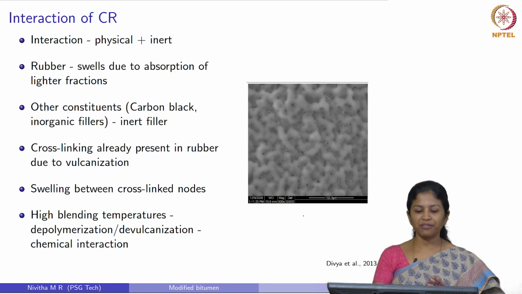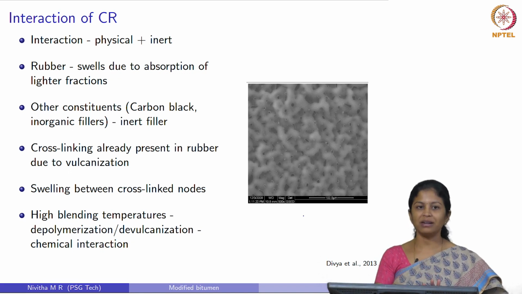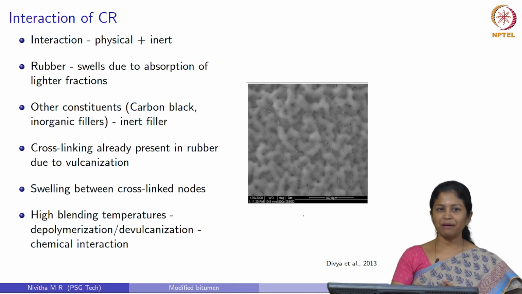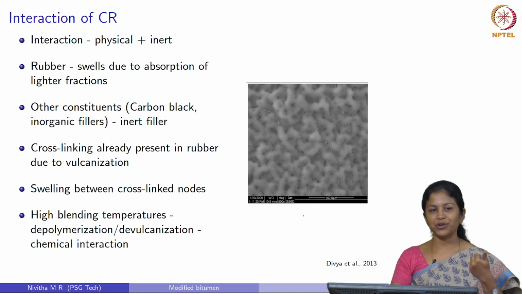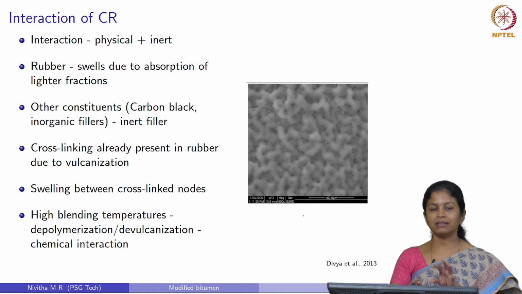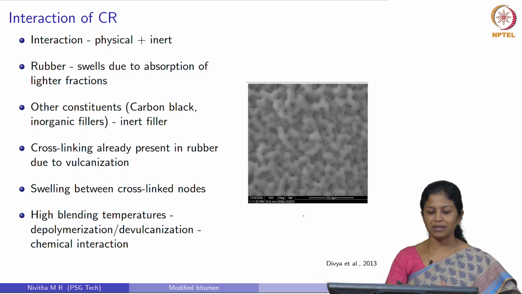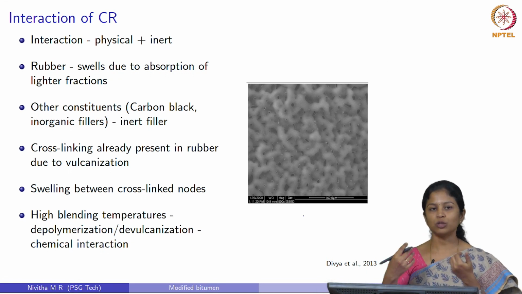The interaction of crumb rubber is again physical, inert, and in some cases people also say chemical interaction, but that has not been verified in the required detail. As I previously mentioned, there is a styrene butadiene rubber component in crumb rubber. It will absorb some of the lighter fractions present in bitumen and try to swell in volume.